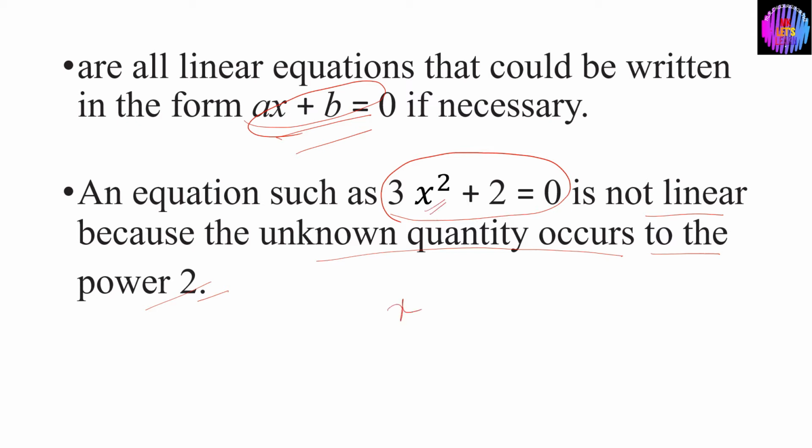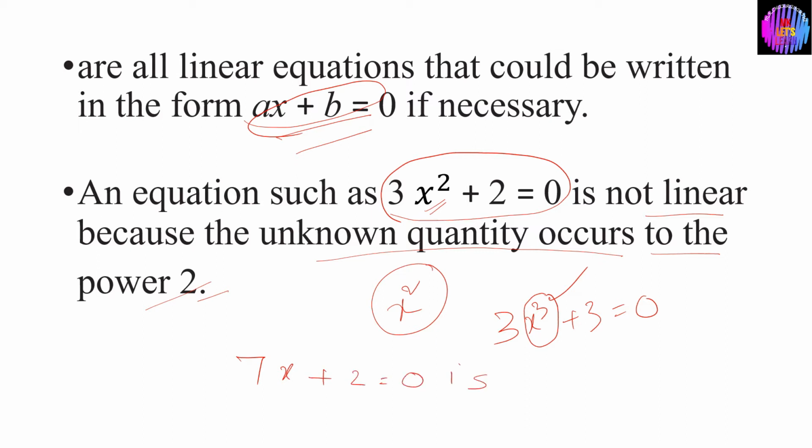So x square is a term of power 2. Similarly, 3x cube plus 3 is equal to 0 is also not a linear equation because the unknown quantity here occurs to the power of 3. For example, 7x plus 2 is a linear equation, because the unknown quantity x occurs to the power of 1.